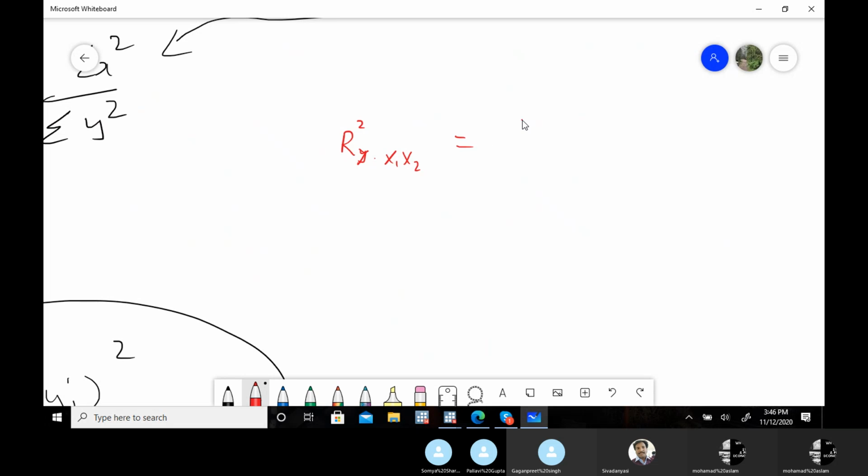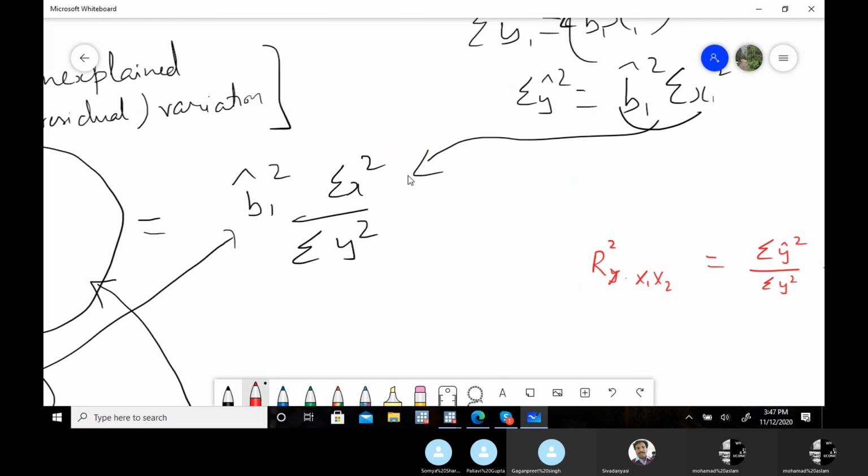If I write it, it is the ratio of explained variation to total variation. If you want to write it in an actual way, this is the explained variation, and this is the total variation, in a graphical form, as I explained to you yesterday.